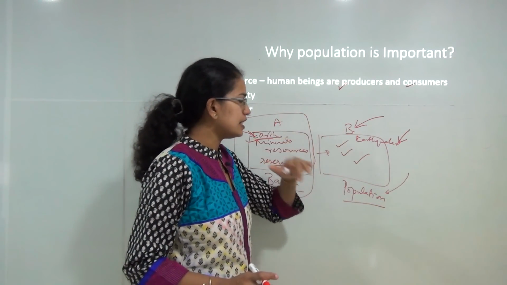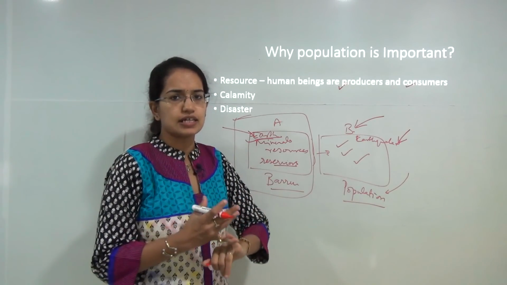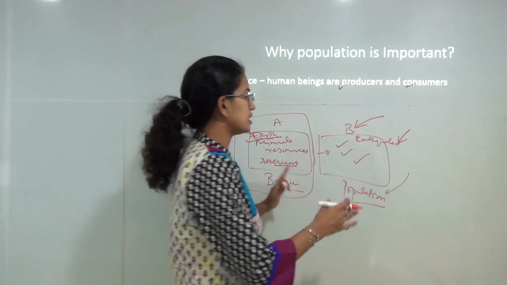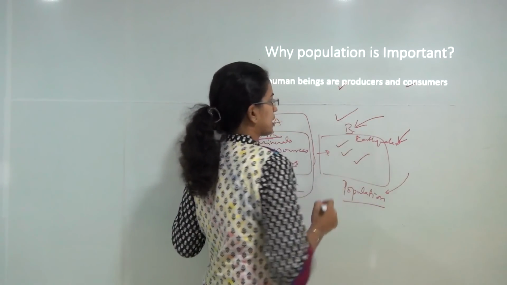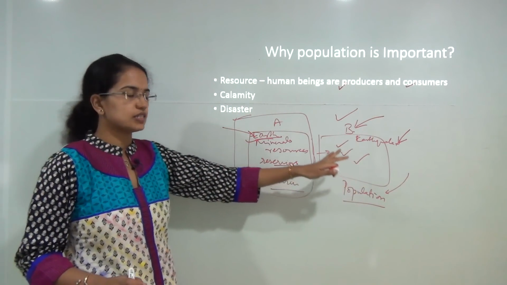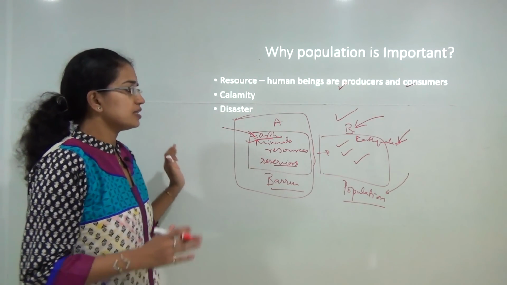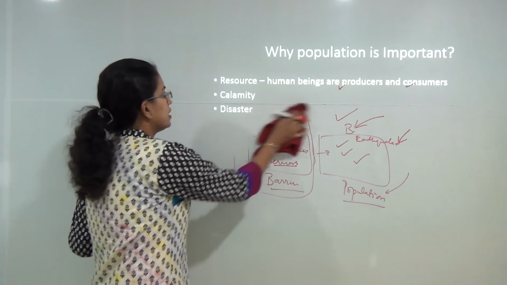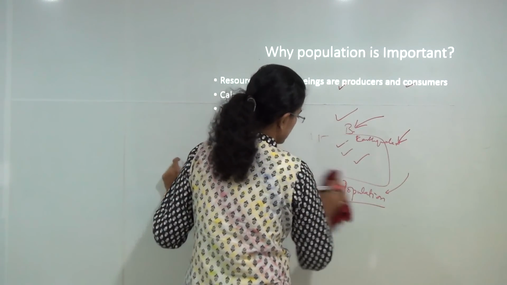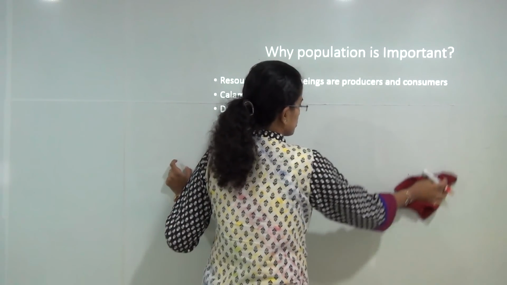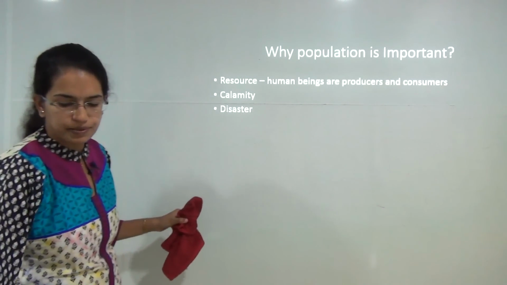So any natural calamity, any disaster, any natural or man-made hazard that occurs would affect land parcel B much more in comparison to land parcel A. Therefore, the study of human beings per se is important. Now when we say study of human beings, the most important thing is the people itself. So the population is the basic aspect.